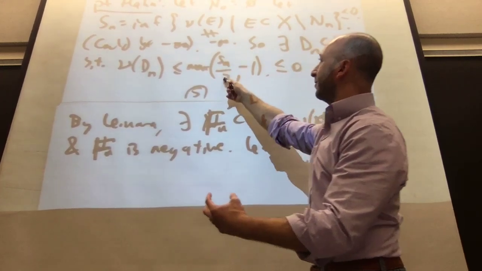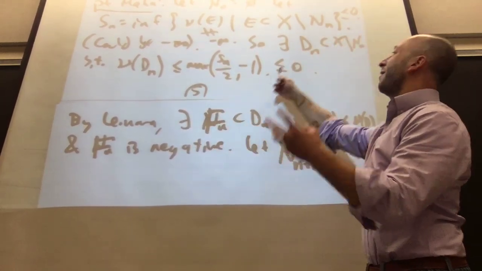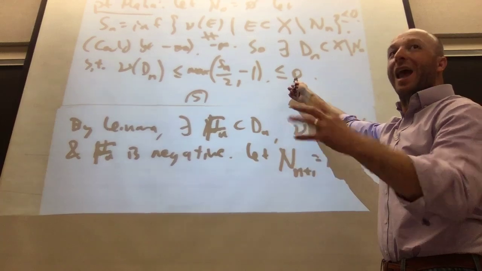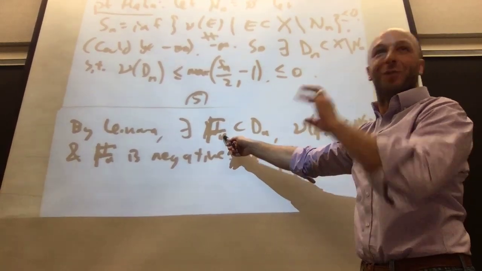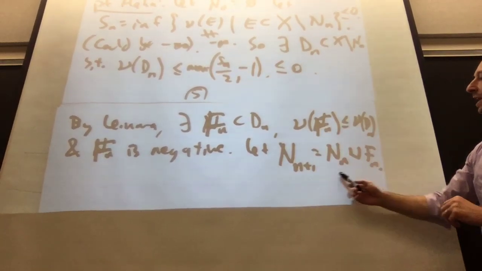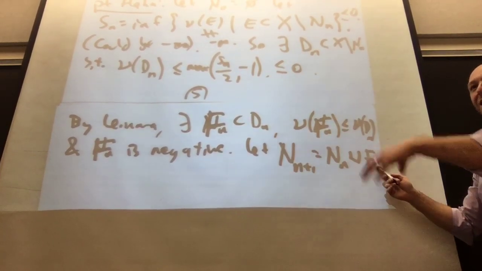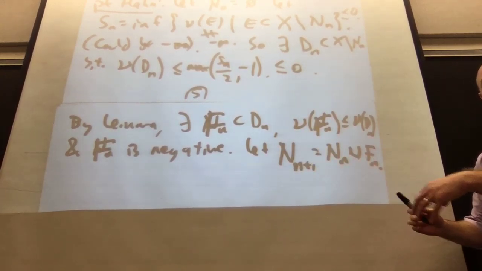Otherwise, just think about Sn over 2. That's a negative set. By the lemma, that's a set of negative measure, but that doesn't mean every subset of it has negative measure. The lemma says there is a subset of it which is actually negative, and its value of nu only decreases, and we're going to chain that on to get the next value of this set n.